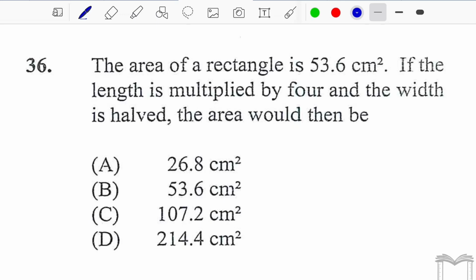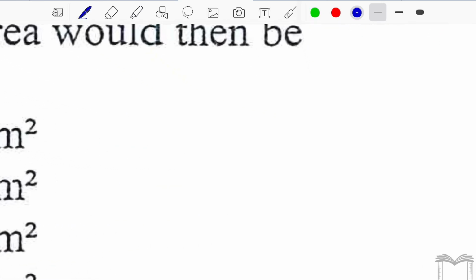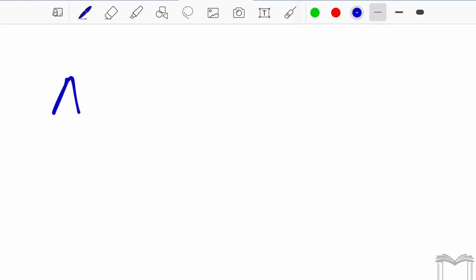Number 26. The area of a rectangle is 53.6 centimeters squared. If the length is multiplied by 4 and the width is halved, the area would then be. So let's firstly look at the formula for the area of a rectangle. Area is equal to length times breadth or width.